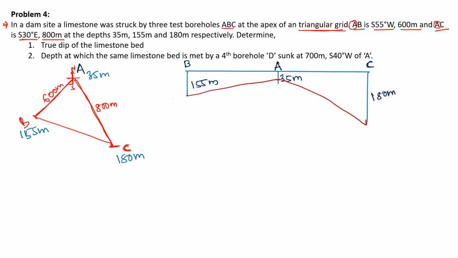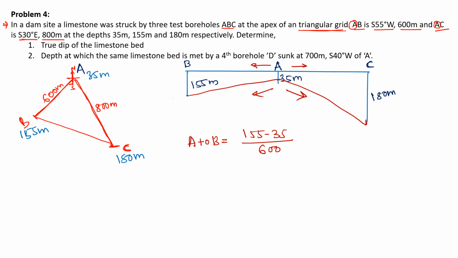So we have to calculate the gradient from A to B and A to C. How will we calculate the gradient? We'll start with A to B. The depth difference is 155 minus 35, divided by the distance from A to B, which is 600.